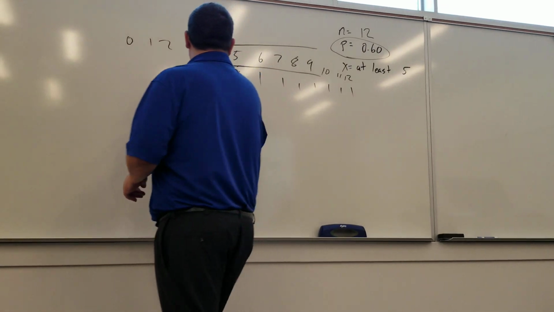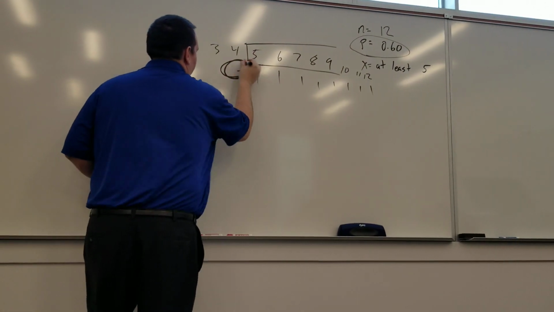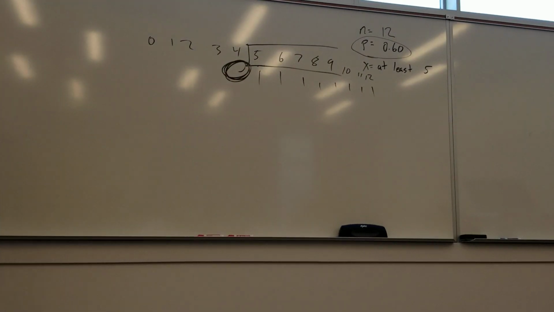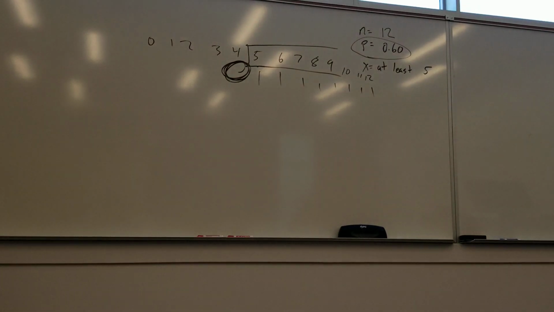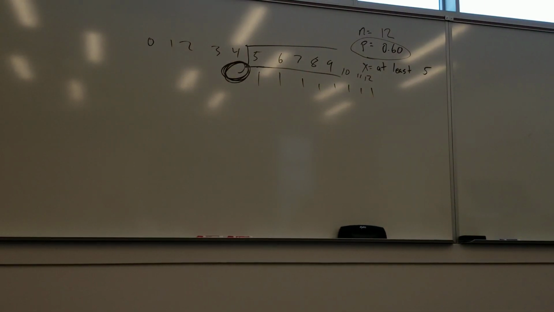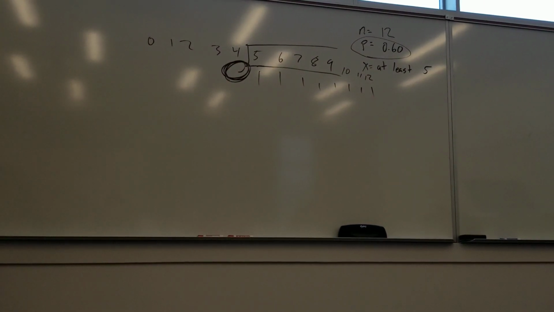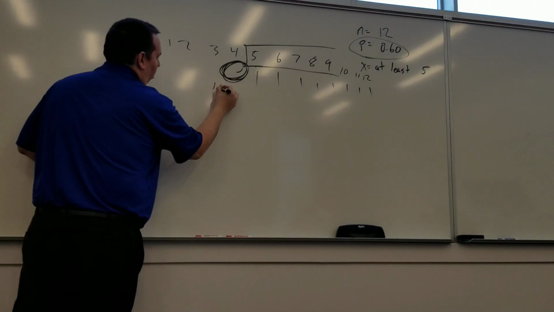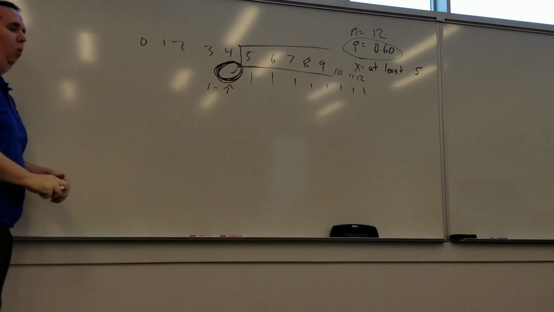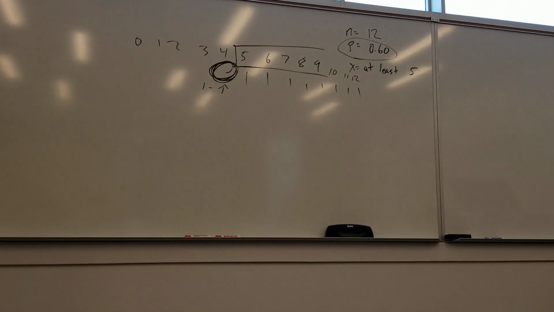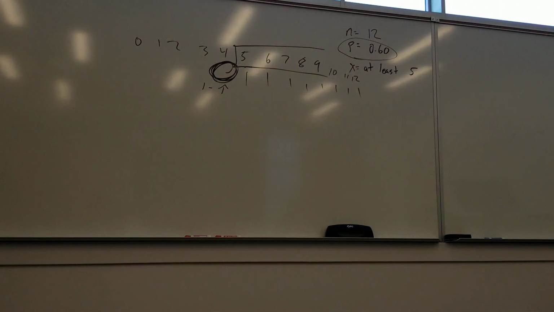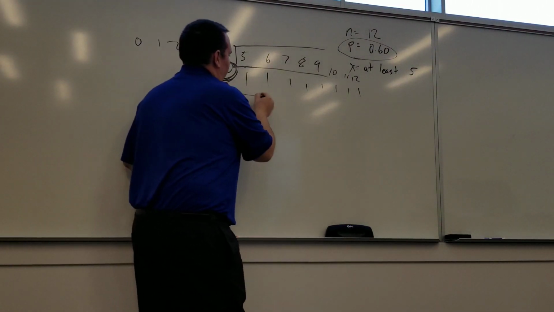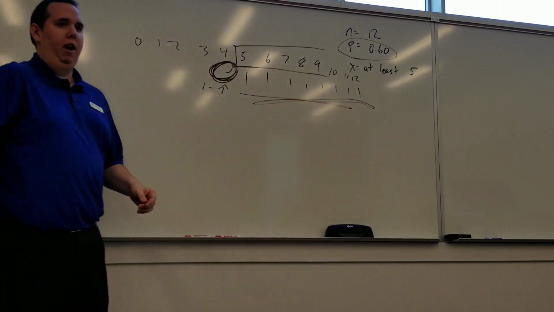And we want to look for the probability here at 4, because we want to take 1 minus whatever that number is in order to give us 5 and greater.